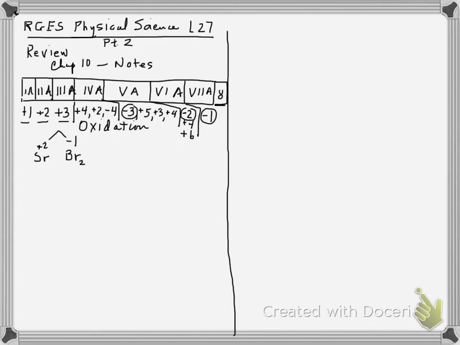The -1 and -1 is equal to the +2. So now it's balanced, and it zeroes out. So we have SrBr2 as our molecule. That's going to be strontium bromide.